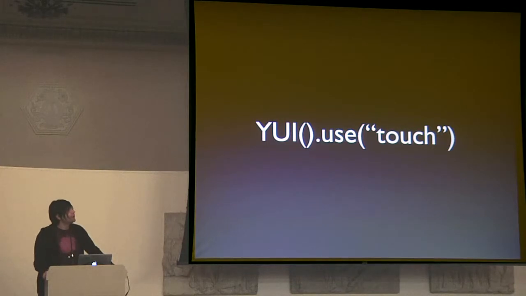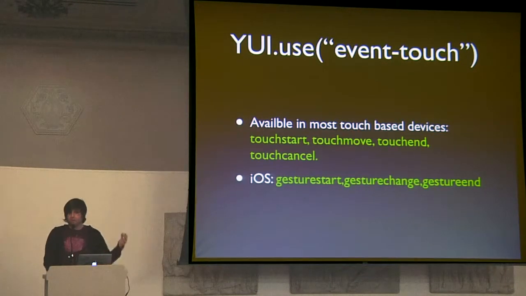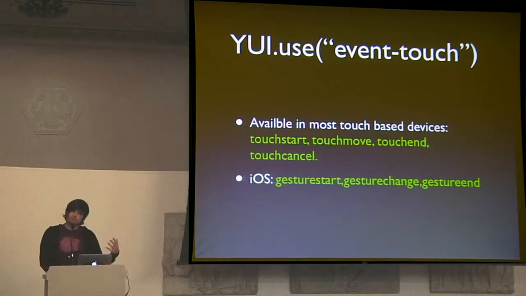Okay, so now let me talk about events a little bit, because I think this is pretty interesting. We provide you the regular events that are available right now for all the devices out there, like touch move and touch start, and all the iOS-specific ones, like gesture start and gesture change.